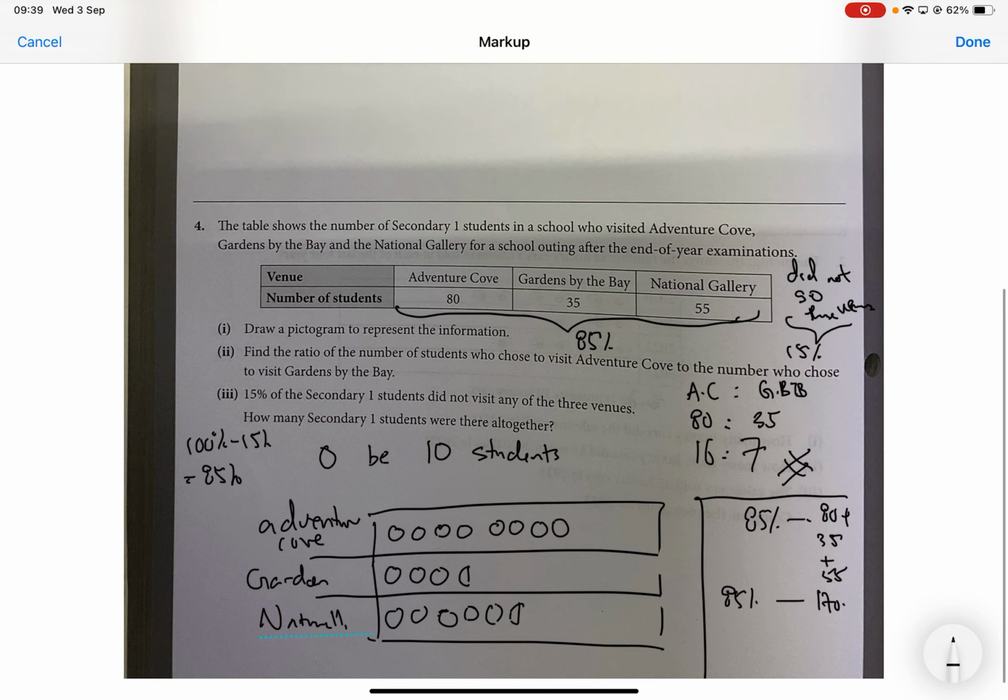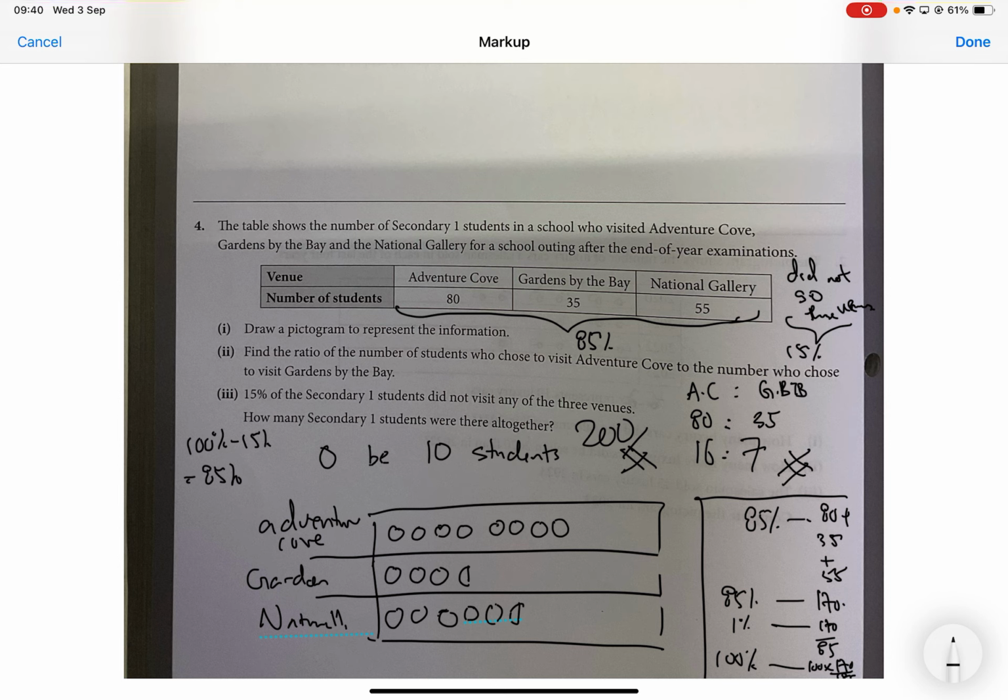Then I can go and find back how much is 100%. First, I divide by 85. Then I multiply by 100. Still not enough space. Okay, so altogether 200 students.